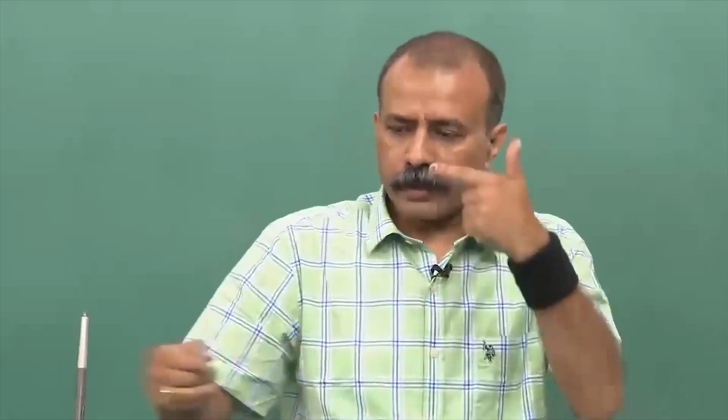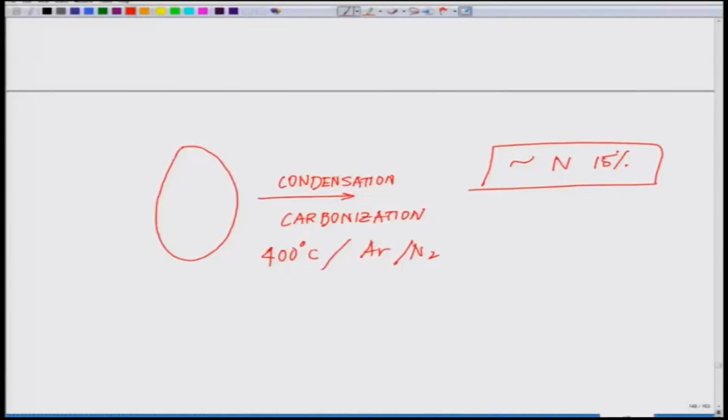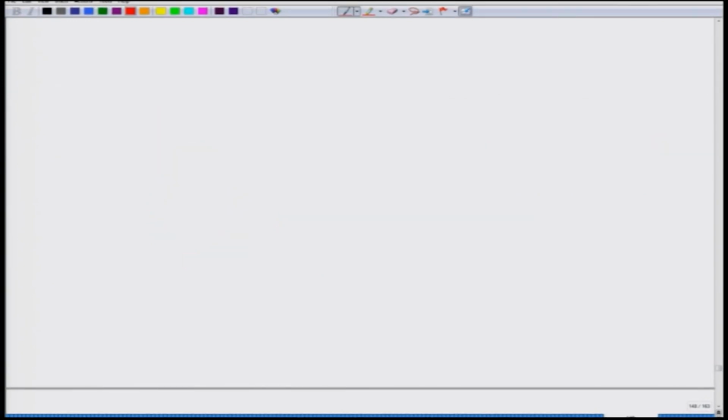So, having said this, I will highlight some very interesting aspects of it, which will help you to again appreciate how the pyrolysis can make a difference. So, we talked about that this was done at 400 degrees centigrade, where one gets 15% nitrogen doping in graphene, which we call nitrogen doped graphene.